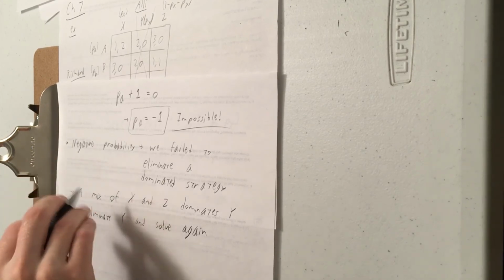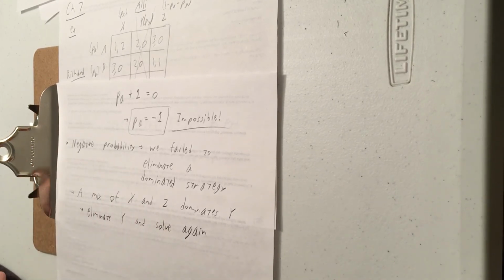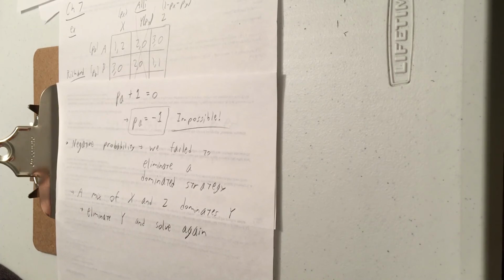If we had done things properly and searched for dominant strategies first, we could have saved ourselves that whole nonsense. So I knew it was going to happen, but I wanted to work through it anyways so that if you somehow stumbled into this kind of situation, now you know what to do.